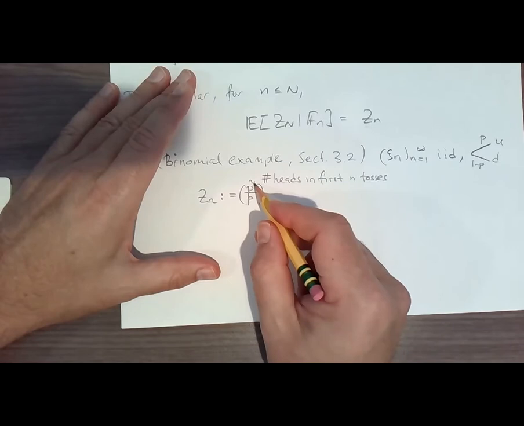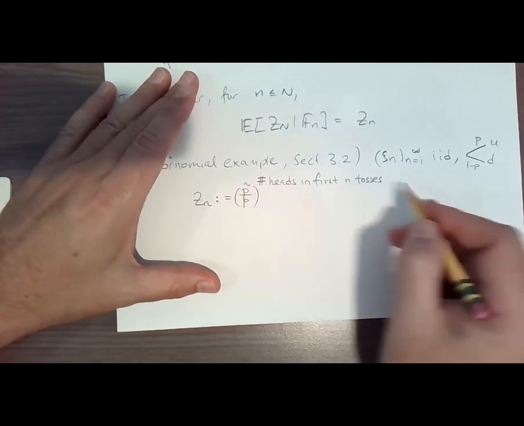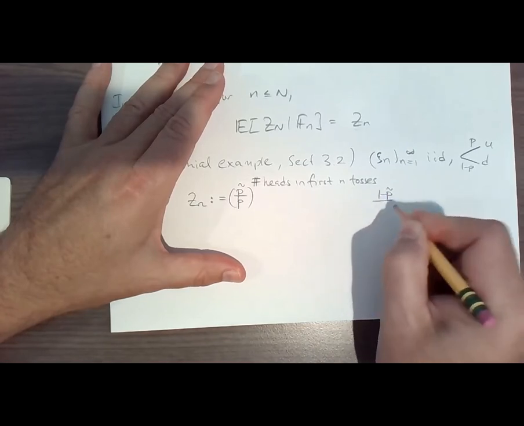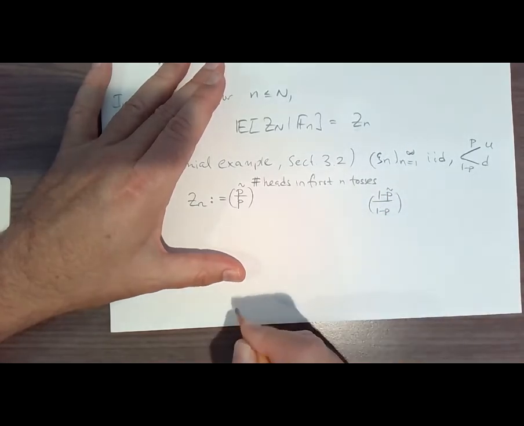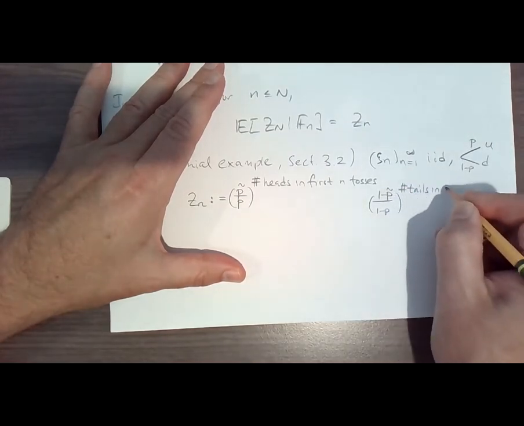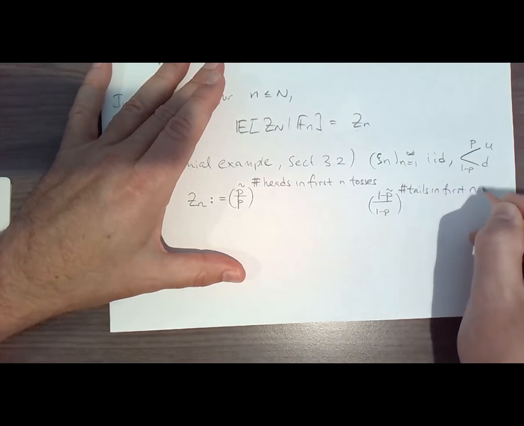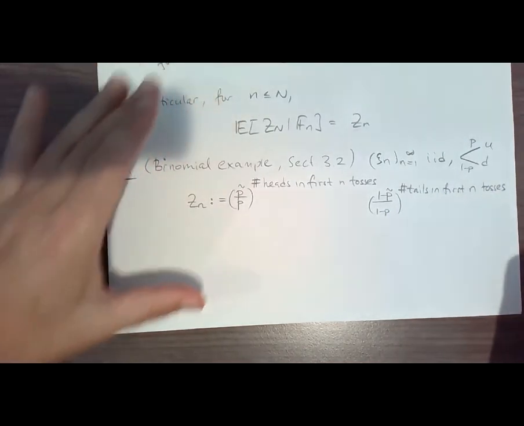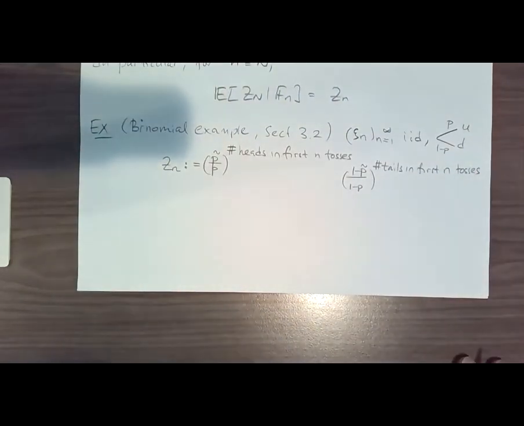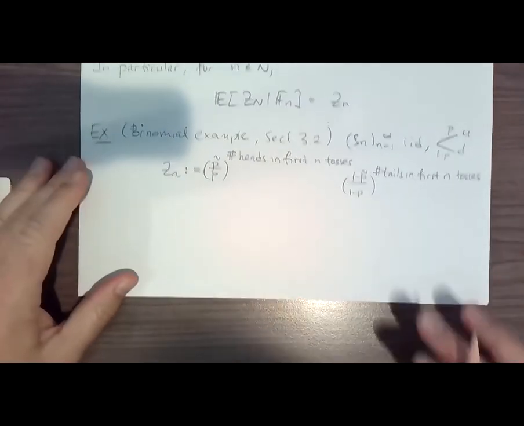That's the one that goes on top, and then it's the ratio p tilde over p to the number of heads in first n tosses, and then you do times 1 minus p tilde divided by 1 minus p. This is going to be the number of tails in first n tosses. And you might recognize this as something that is not very far away from one of the sample problems that you guys worked on for the midterm. So we're claiming again that this here is a martingale.